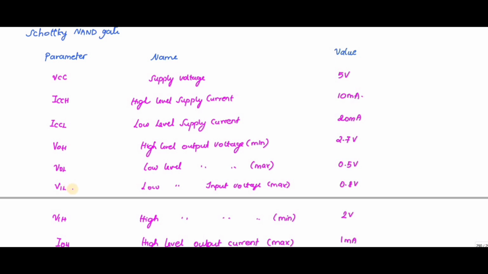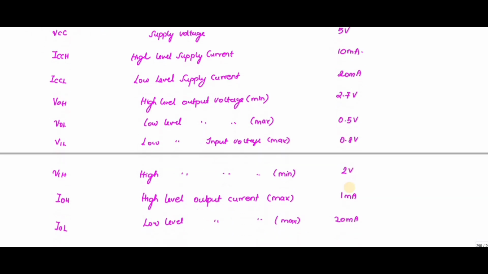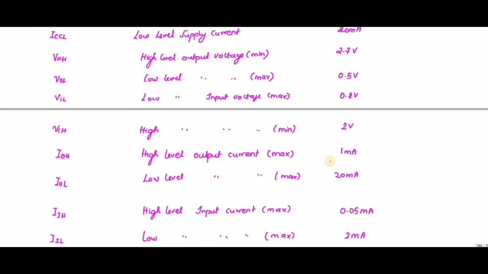Likewise VIL. VIL is the low level input voltage, which is maximum, and it is 0.8 volt. Likewise VIH. VIH is the high level input voltage, which is a minimum value, that is 2 volt. Likewise IOH. IOH is the high level output current max, that is 1 milliamp, and IOL is the low level output current max, which is 20 milliamps.